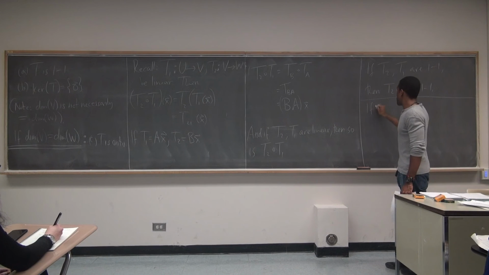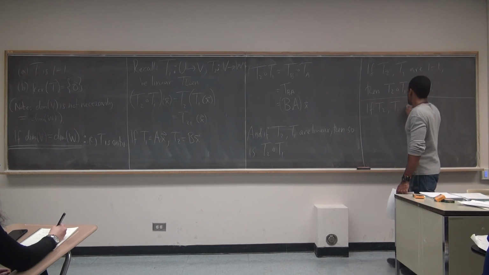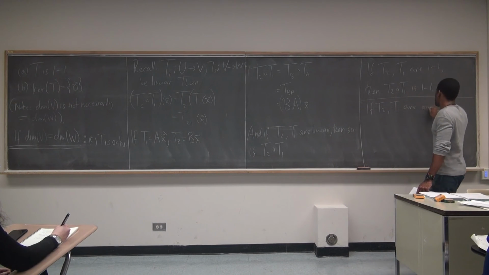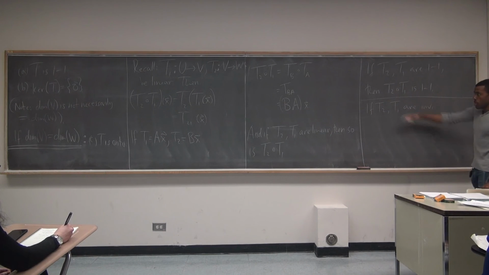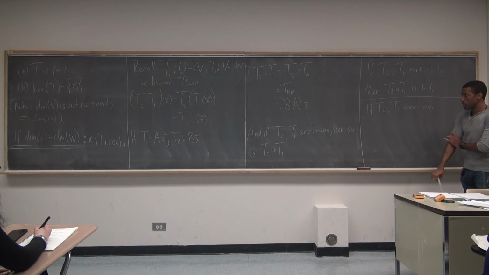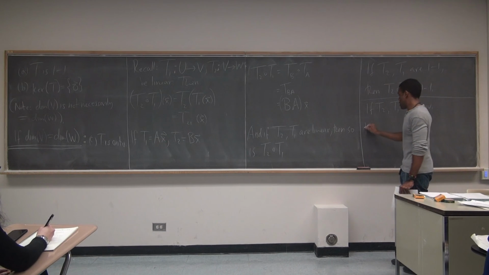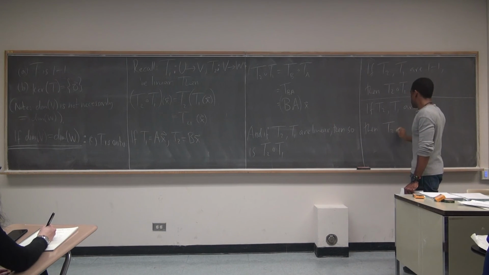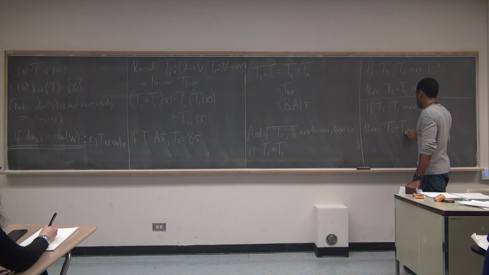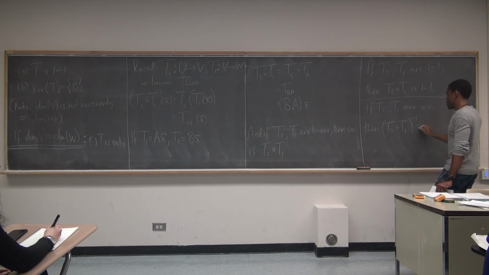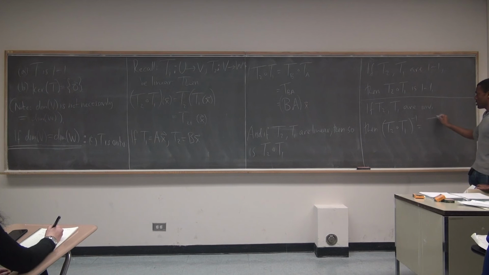Also, if T2, T1 are invertible, which means we're thinking of them as going between vector spaces that have the same dimensions, and you can actually reverse them, then take T2 composed with T1, you take the inverse of that. Guess what it is? The inverses in the opposite order, because matrices behave that way.